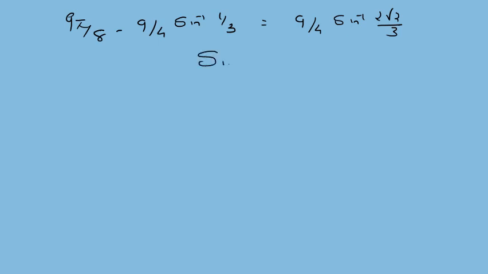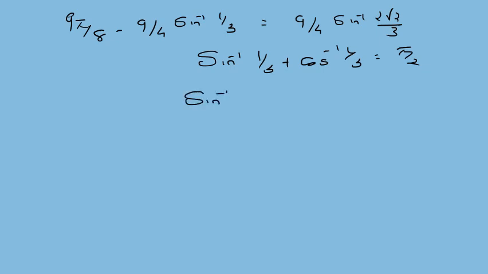Show that 9 pi by 8 minus 9 by 4 sin inverse 1 by 3 is equal to 9 by 4 sin inverse 2 root 2 by 3. You know sin inverse x plus cos inverse x is pi by 2. So sin inverse 1 by 3 plus cos inverse 1 by 3 is equal to pi by 2.